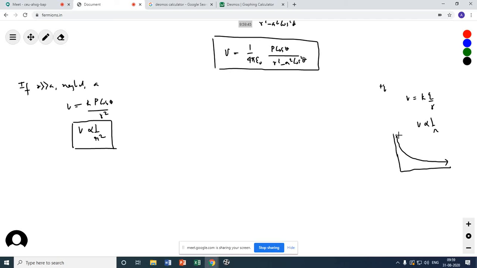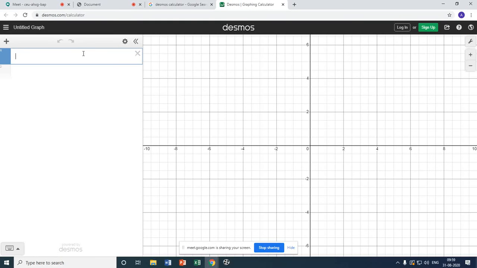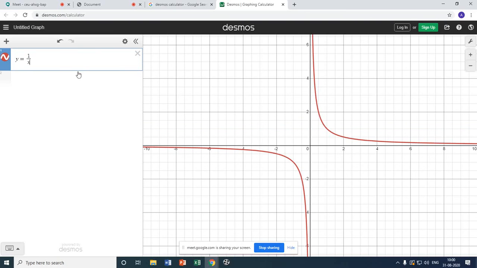I will discuss the graph very soon once I finish with the quadrupole. In this case it is square. So let us see what this means. If I put here y equals 1 by x, if you don't know, this is a rational function.